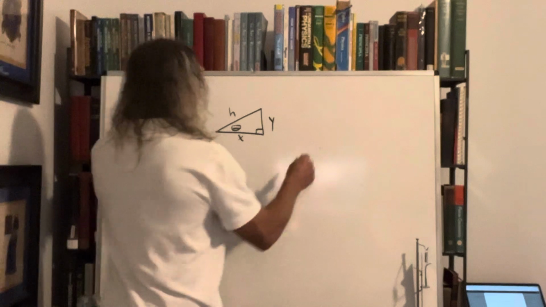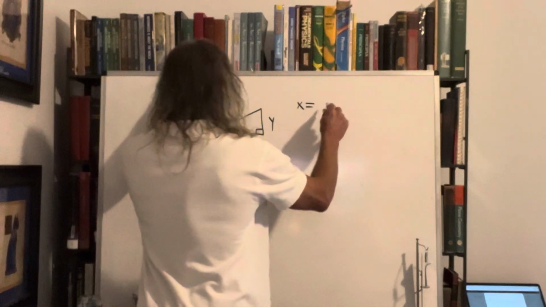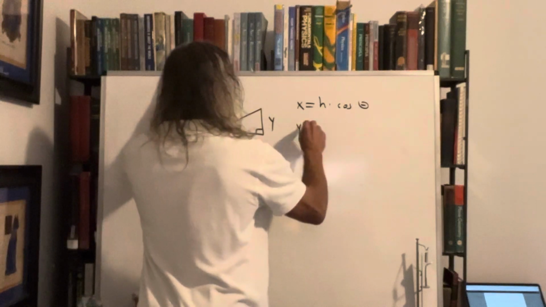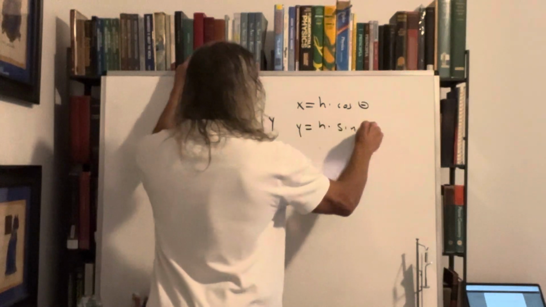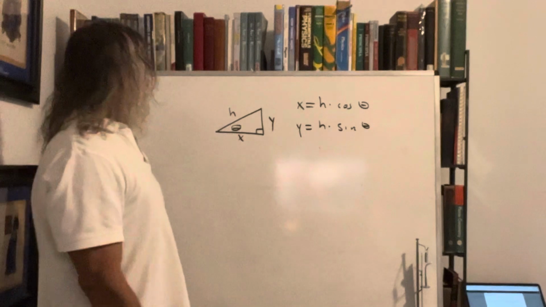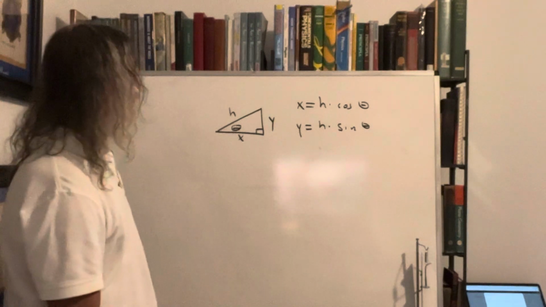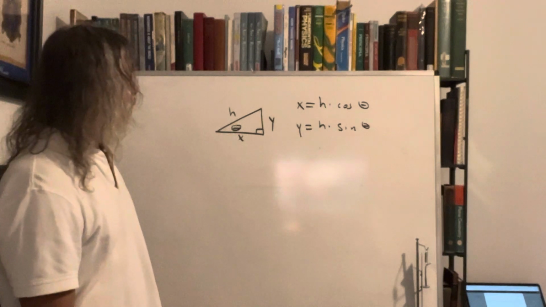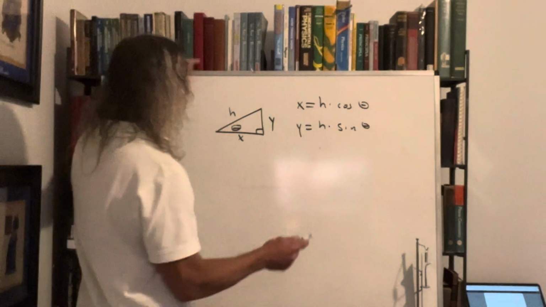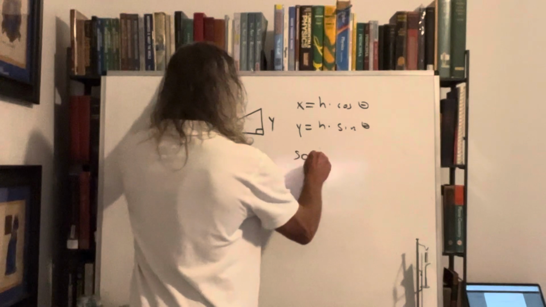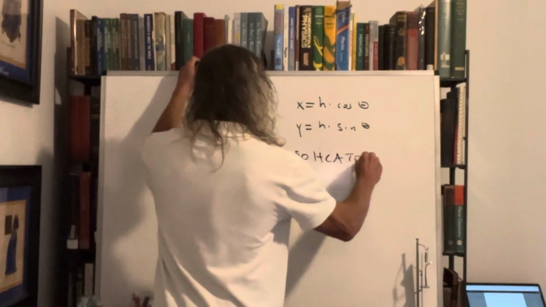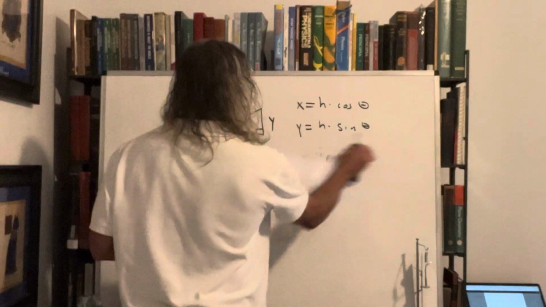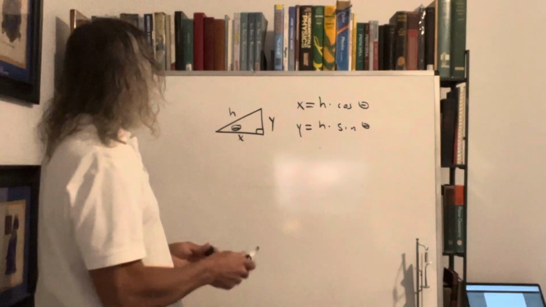And this, remember, if it's set up like this, is h cosine theta, h sine theta for x and y. Knowing your definitions of sine and cosine, remember, SOHCAHTOA, okay?